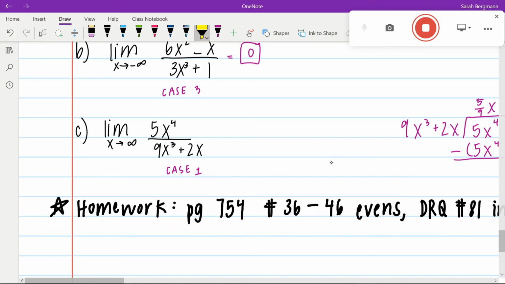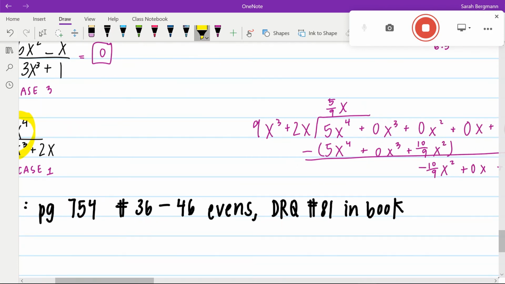So we only really care about the division of the leading terms altogether. So if we look at this division, all we care about is 5x to the 4th divided by 9x cubed. And we don't even really care about the numbers. All we care about is whether it's positive or negative and the power, whether it's even or odd.